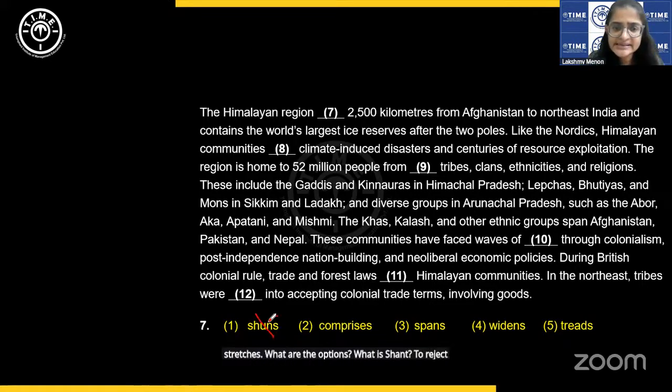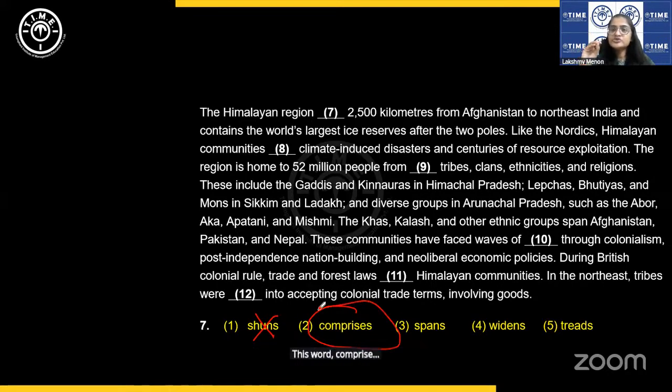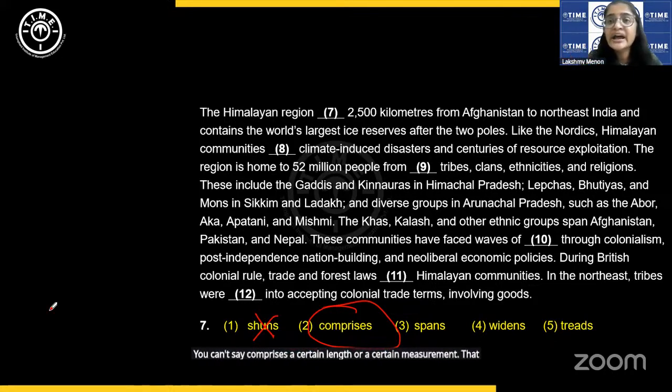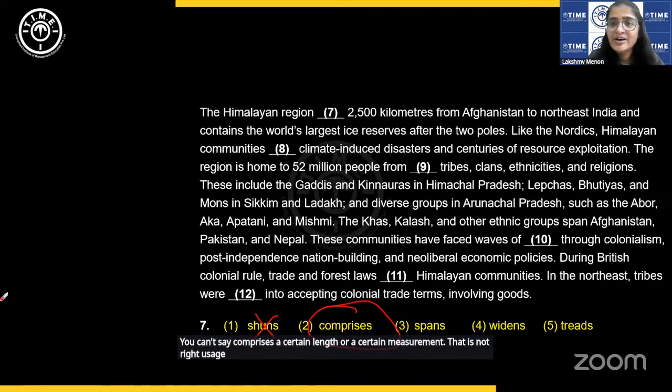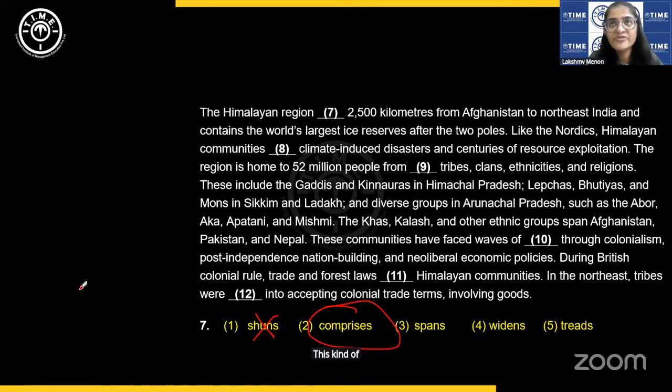Does not make sense. Comprises 2,500 kilometers. Comprises, you may get confused with this word. Comprise refers to the components of something. Okay, so this class comprises students from various parts of the country, but you can't say comprises a certain length or a certain measurement. That is not right usage. Okay, this kind of matching the right word with the right context is called collocation, by the way.